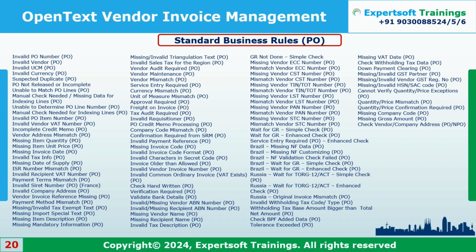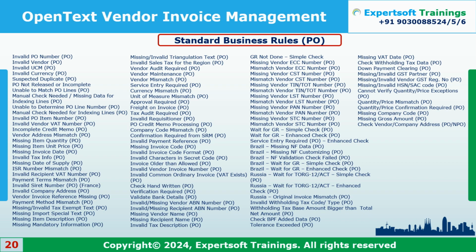For PO, we have the invalid PO number, vendor, unit of measurement, currency, suspected duplicate. These are the standard business rules which SAP has given to us. There are so many business rules. If there is any additional requirement from the business end, then we can also create a custom business rule.